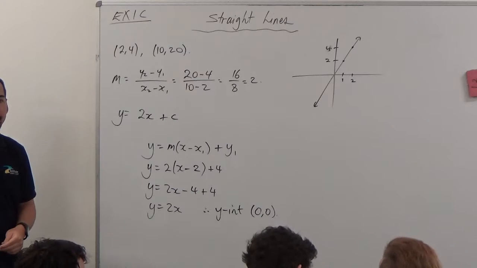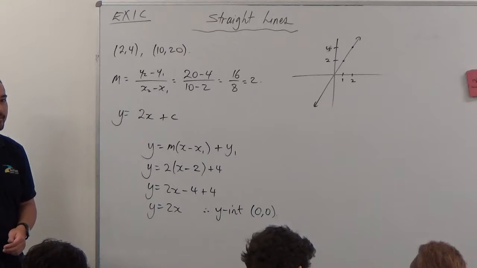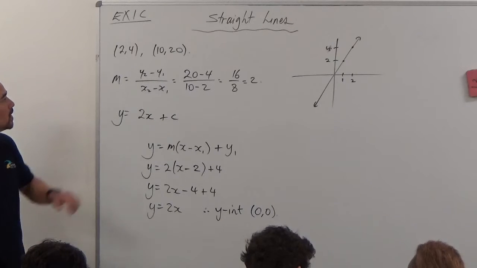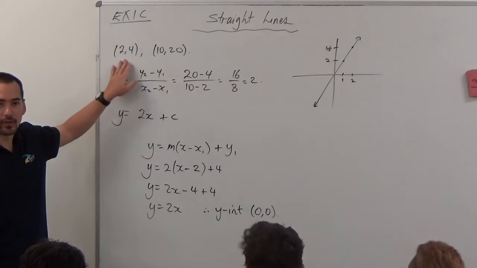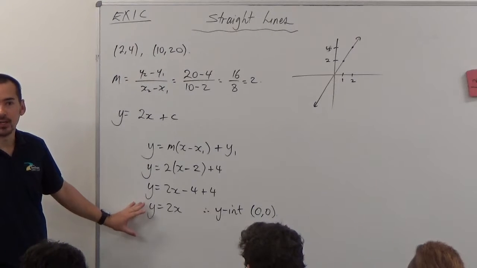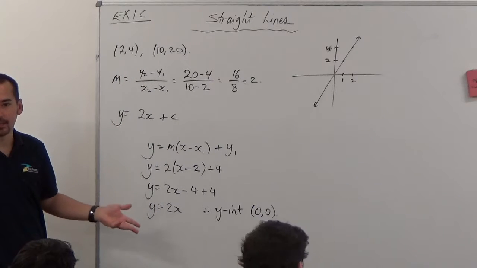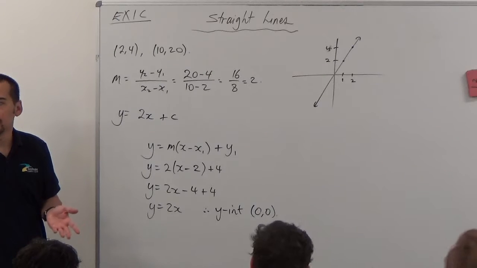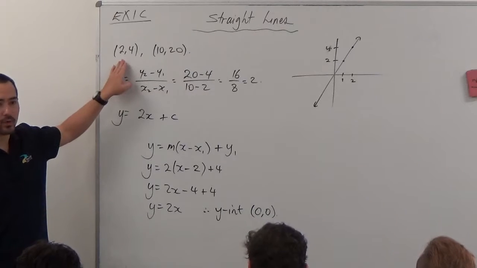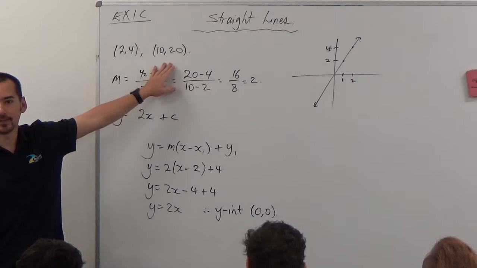Yes? Substitute x and y into the equation. Which x and which y are we talking about here? Just the point on the line, the coordinate. Maybe. Well, we used 2, 4. That's right, Judah. We used 2, 4 to solve the equation. So if I use 2, 4 to check my answer, I could be making the same mistake twice. So the rule of thumb is, if you use this coordinate to solve, use the other coordinate to do your check.